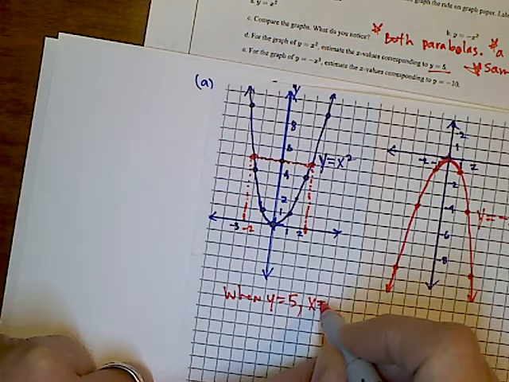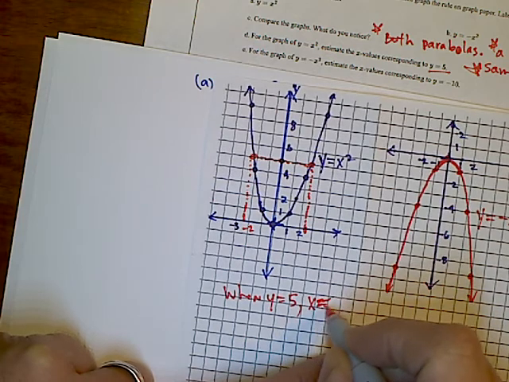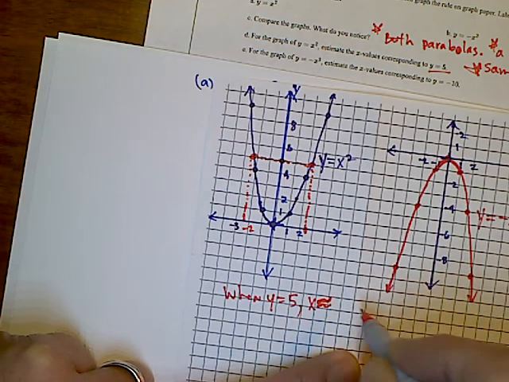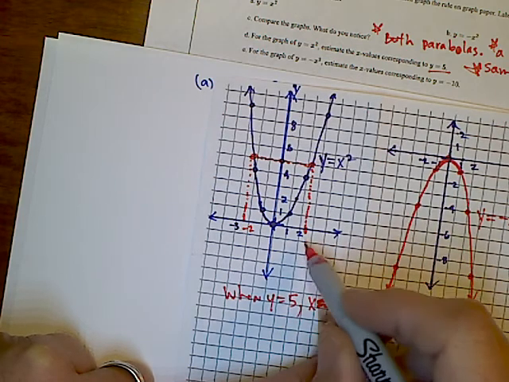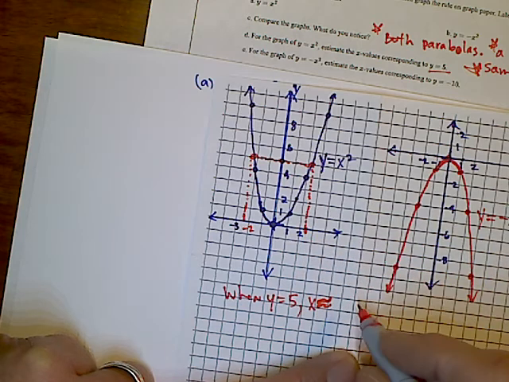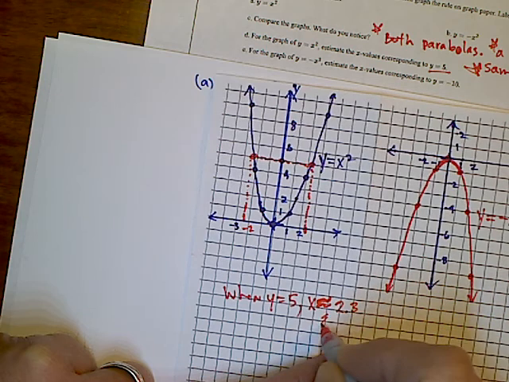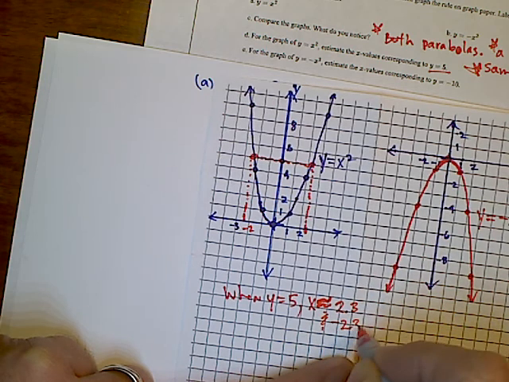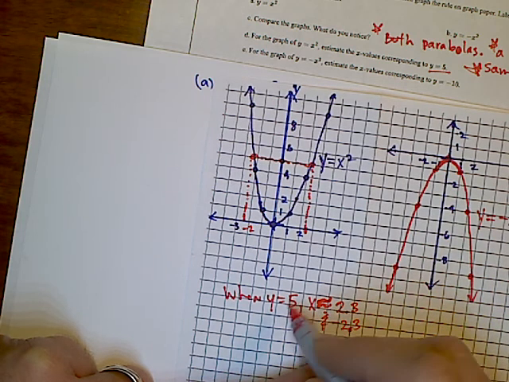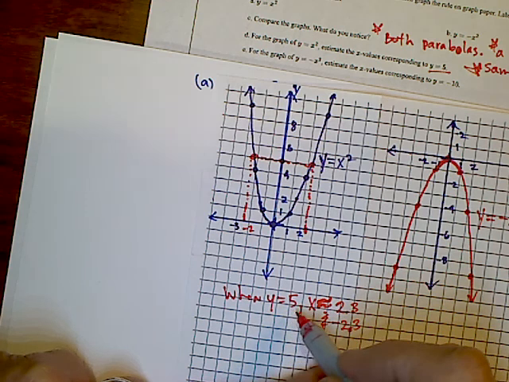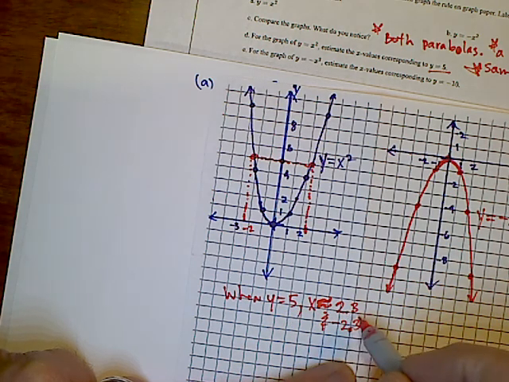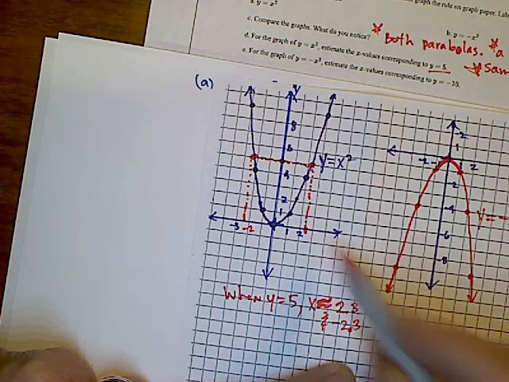So I'm going to say x is approximately, and we use the approximate sign instead of an equal sign because I'm using the graph to approximate. I don't have the exact answer from the graph. So I'm going to say approximately 2.3 and -2.3. When y equals 5, x is approximately 2.3 and -2.3. It has two values.